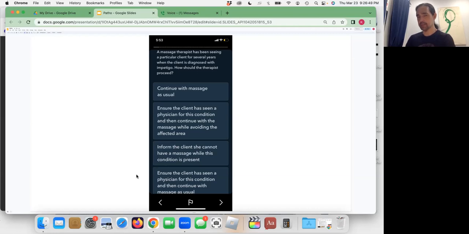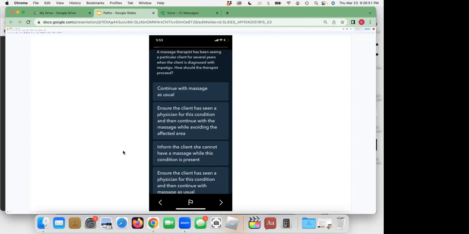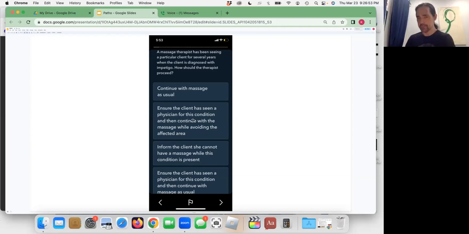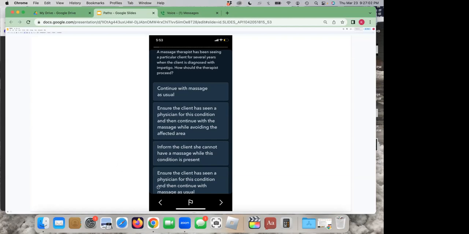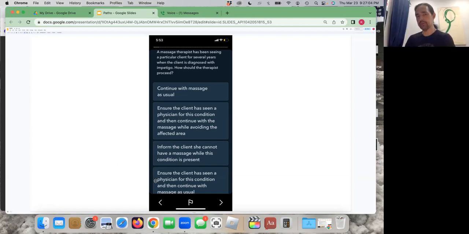Okay. Anybody else have an opinion? I would say the second. Ensure the client has seen a physician for the condition and then continue with the massage while avoiding the area. What's the difference between 2 and 4? Is this big enough for you to read?